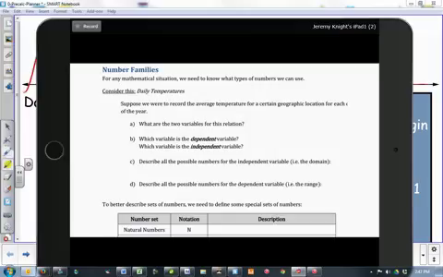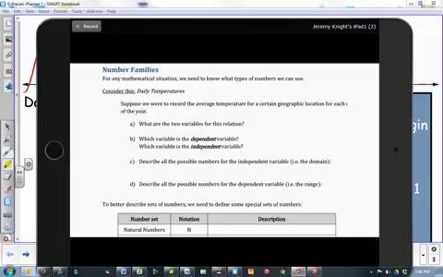Daily temperatures. Suppose we're going to record the average daily temperature for some place, maybe Grants Pass, or some particular city or location. We're going to record it for a year. What are the two variables in this situation? We're going to record the temperature for a year. What are the two variables? The temperature and the date.